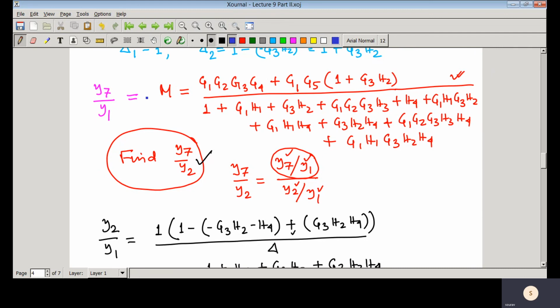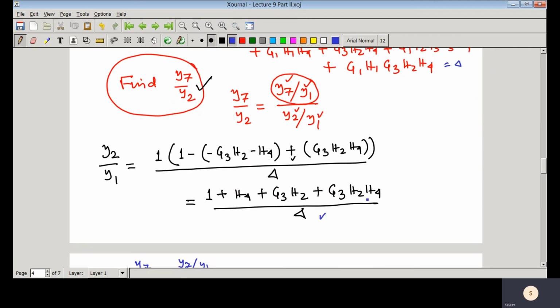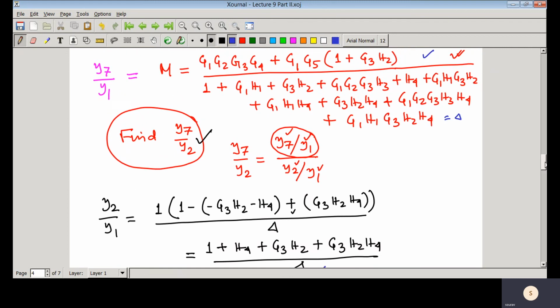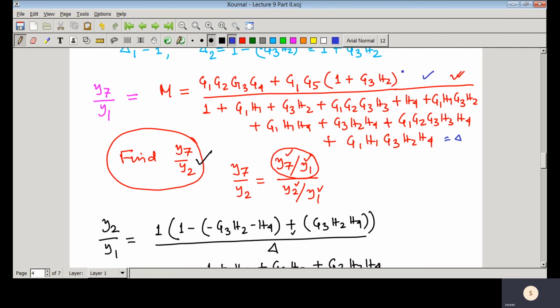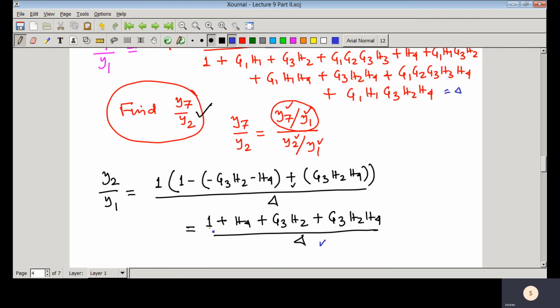This is the numerator, and in the denominator it is delta, and here also the same delta is there. So basically y7 by y2 is this term divided by this term, because delta will cancel out.